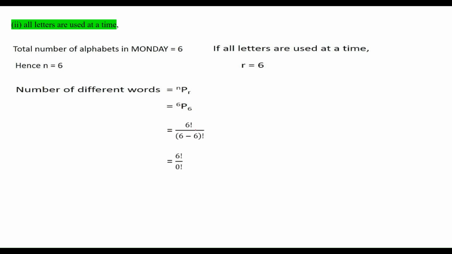We will write it as 6 factorial divided by (6 minus 6) factorial. So again we will split it, 6 factorial by 0 factorial. The 0 factorial is nothing but 1. Then 6 into 5 into 4 into 3 into 2 into 1. So the answer will be 720.